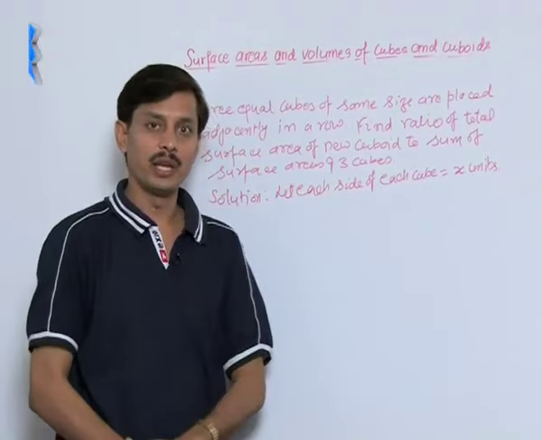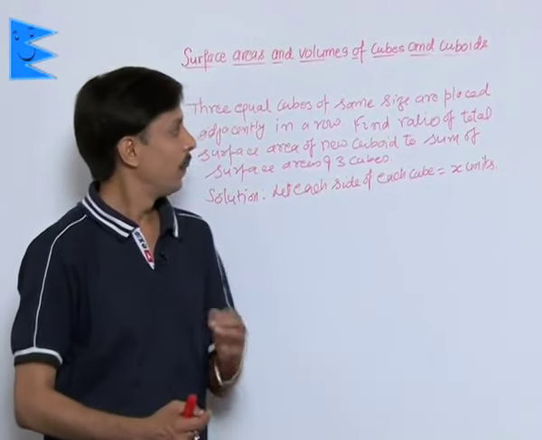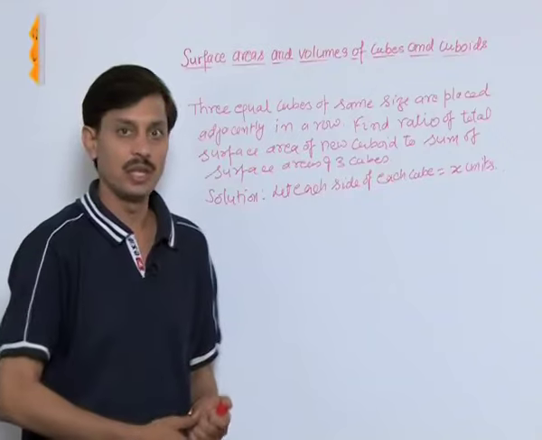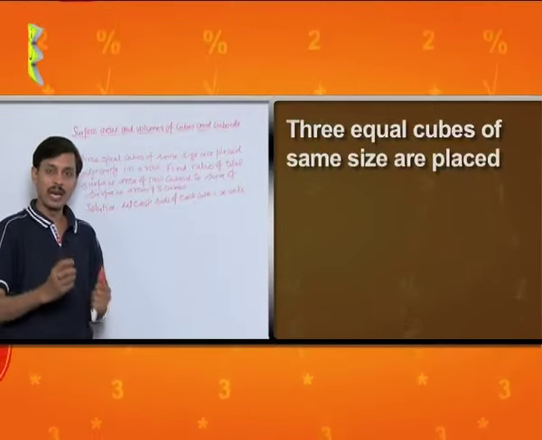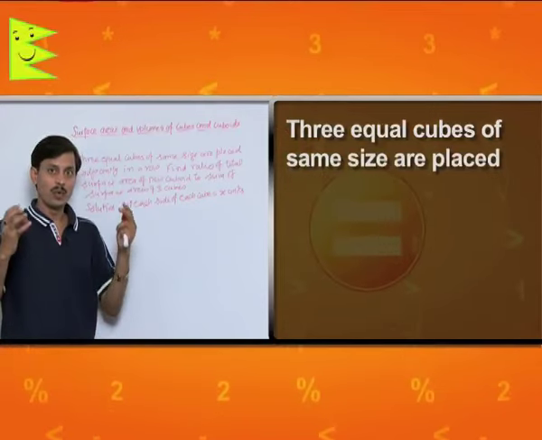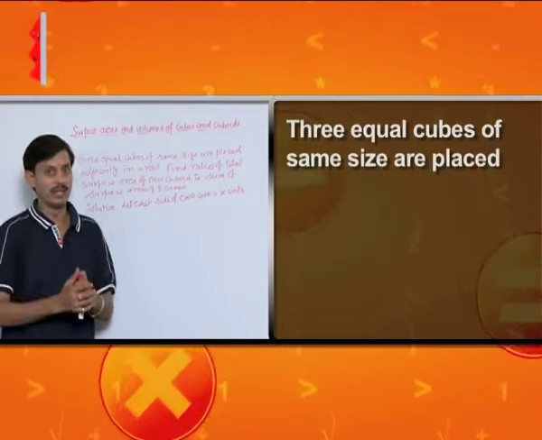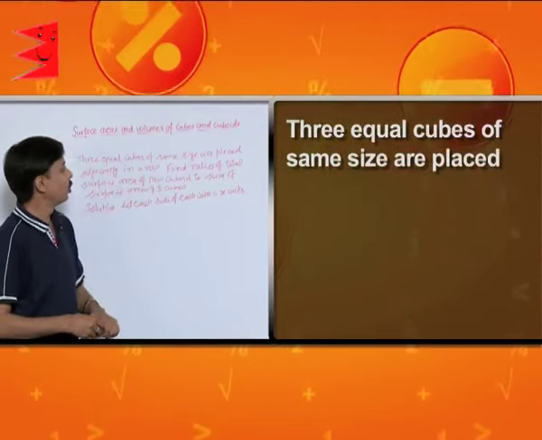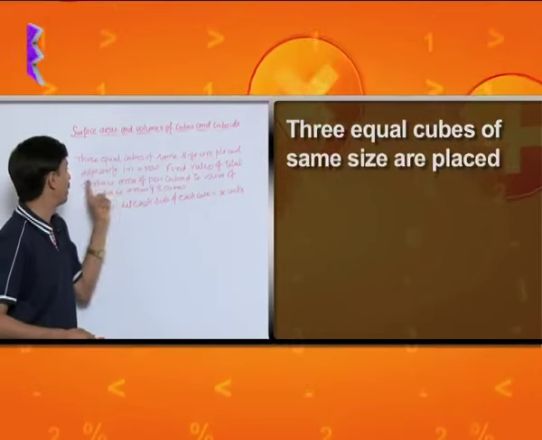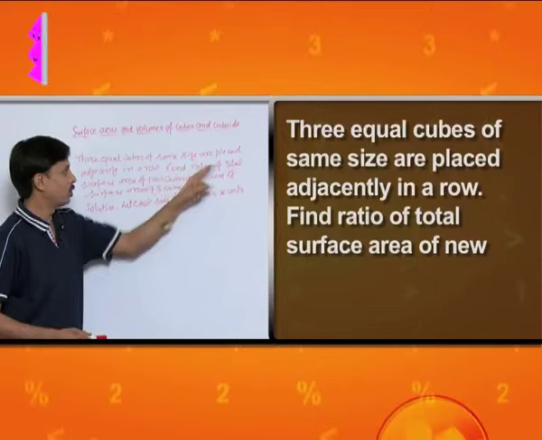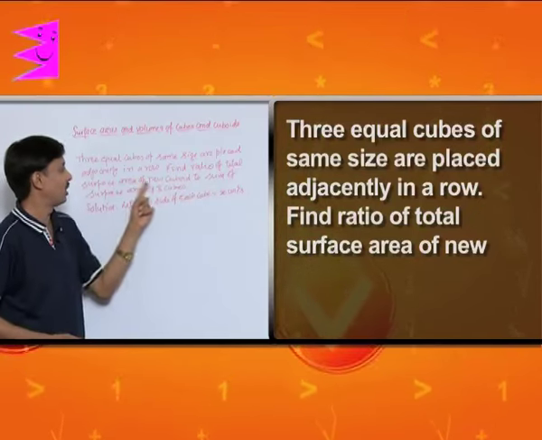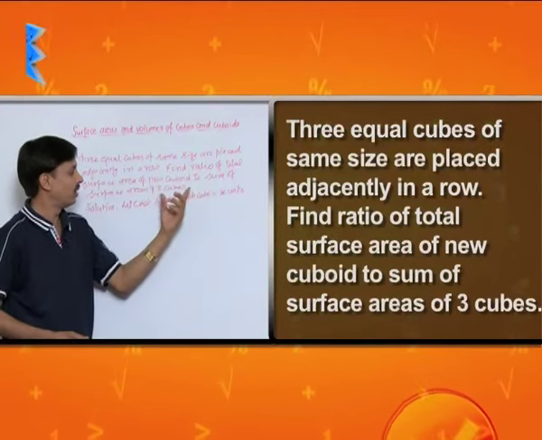Now I want to take one more problem based upon the surface area concept. We have 3 cubes which are equal in size. 3 equal cubes of the same size are placed adjacently in a row. Find the ratio of total surface area of the new cuboid.